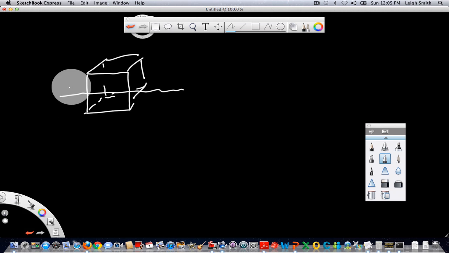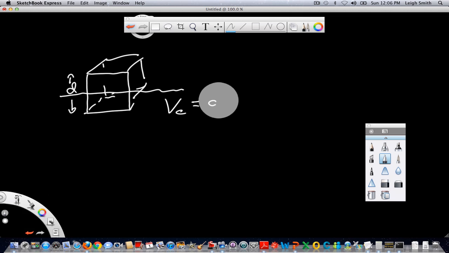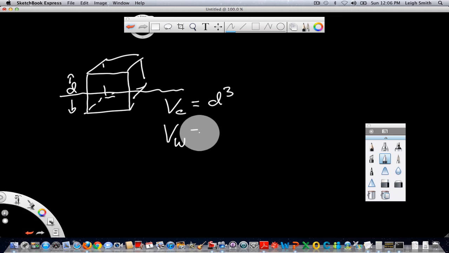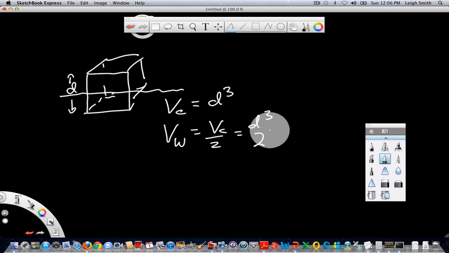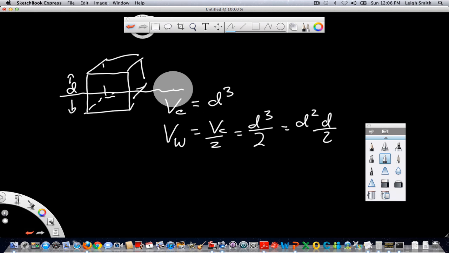The volume of the cube, if each side is d, is d cubed. But since 50% of the cube is submerged, the volume of the water that's displaced is just half of the volume of the cube, which is d cubed divided by 2. Or, if you wanted to look at it this way, it's d squared times d over 2. And so this is the volume of the water that's displaced.